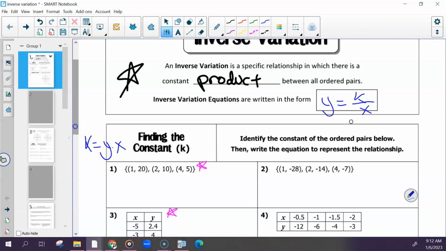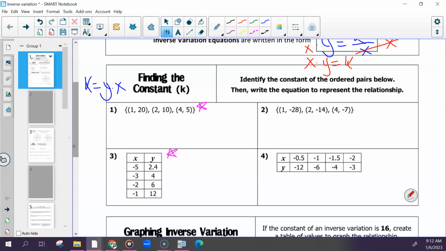So if I looked at the original and I was trying to find my k, I would have to get rid of my x by multiplying it to both sides. Whether you write it as x times y or y times x doesn't matter because multiplication is commutative. The k still needs to be constant between all of your ordered pair or table values.